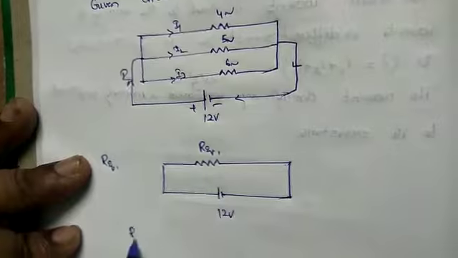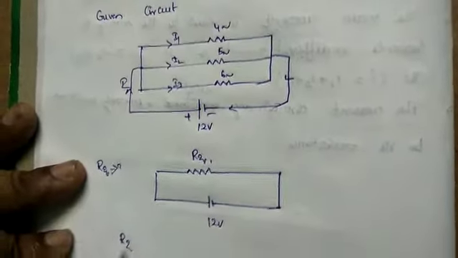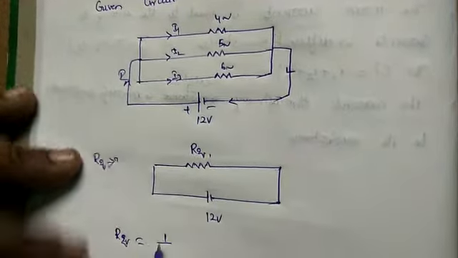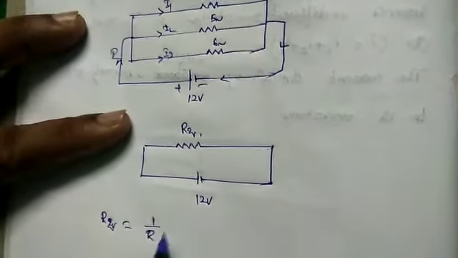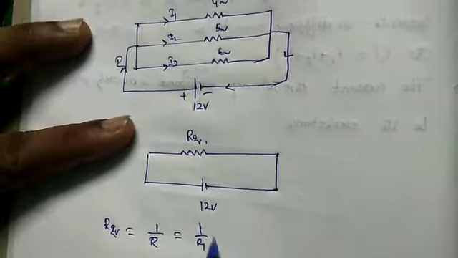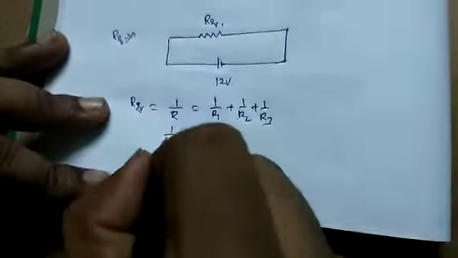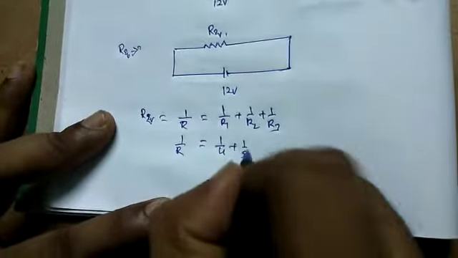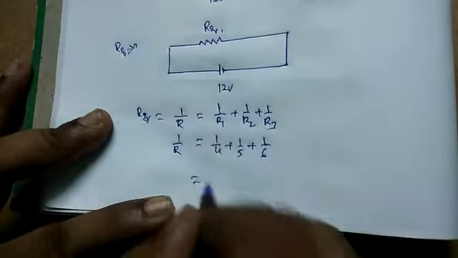So 1 by R equivalent is equal to 1 by R1 plus 1 by R2 plus 1 by R3. That is 1 by R is equal to 1 by 4 plus 1 by 5 plus 1 by 6.